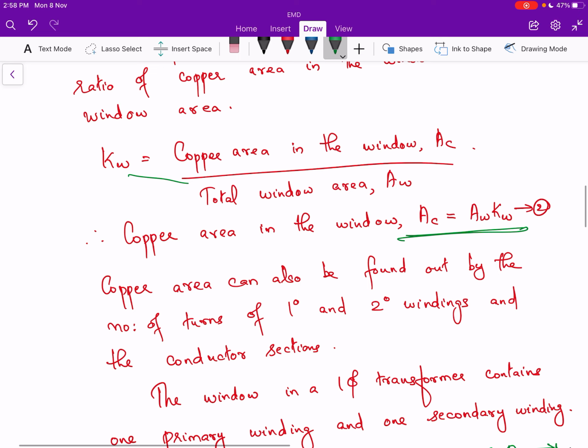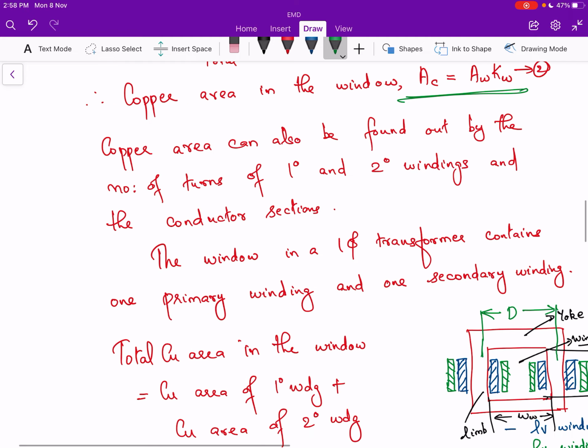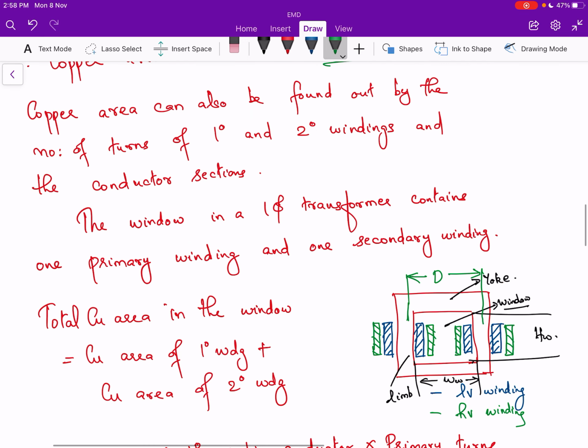Now there is another method also for finding the copper area. That is, if we know the number of turns of primary and secondary winding and the conductor cross sections, then we can find the copper area. So here, if you consider the window of a single phase transformer, this is a core type transformer, and in a core type transformer, this is the core portion, this is also the core, but we'll usually say it as the yoke.